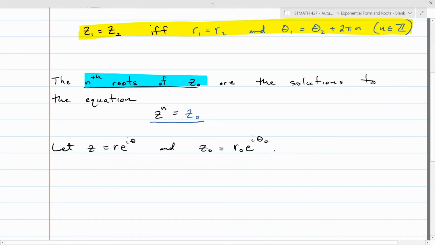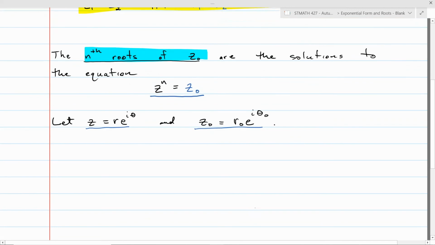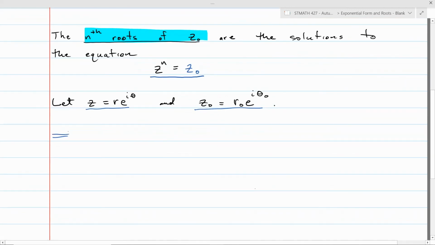I want to figure out, what are those nth roots? What are those values of z that satisfy that equation? So to solve that equation, I'm going to put those complex numbers z and z naught into exponential form. And so then what does that equation become when you substitute in?